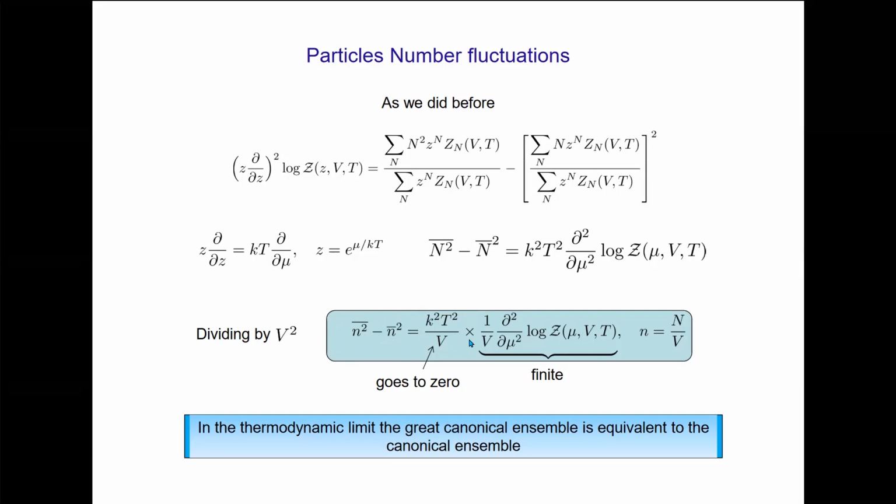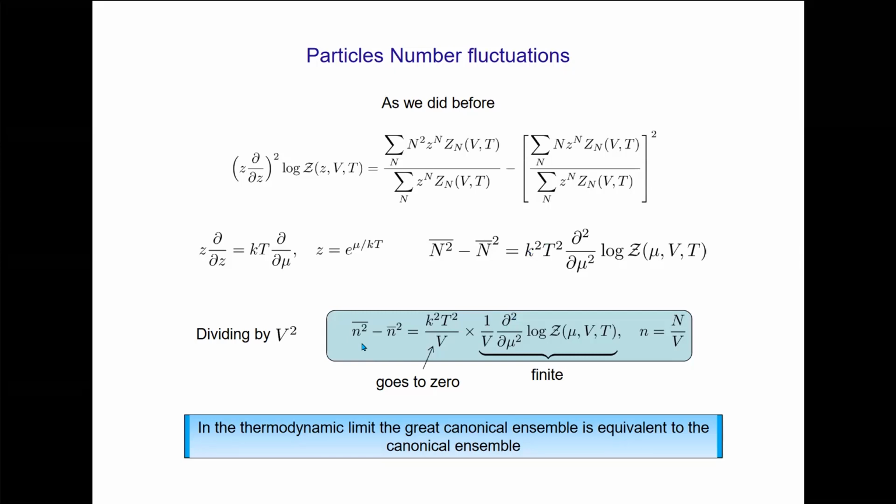The right-hand side, because log of z is an extensive quantity, is proportional to the volume of the system, but there is another factor, k squared T squared over V, because we divided both sides by V squared. We've seen this phenomenon before. When the volume of the system goes to infinity, this factor goes to 0.